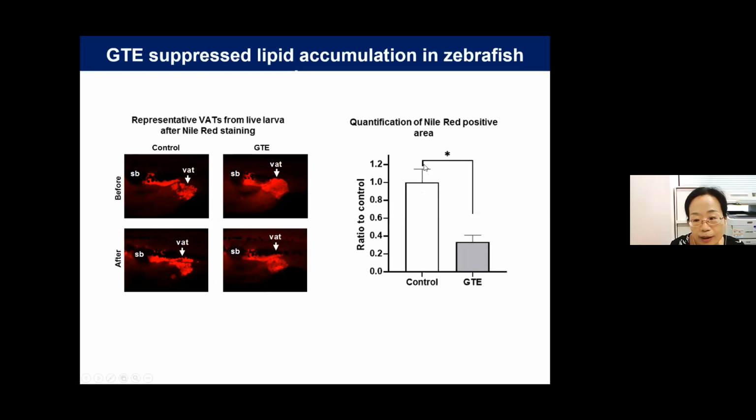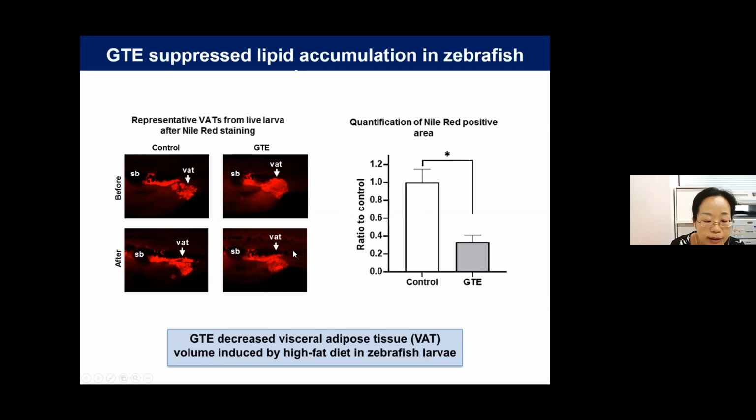We can say that there is approximately 70% reduction. So we then concluded that GTE decreased VAT volume induced by a high-fat diet in zebrafish larvae.